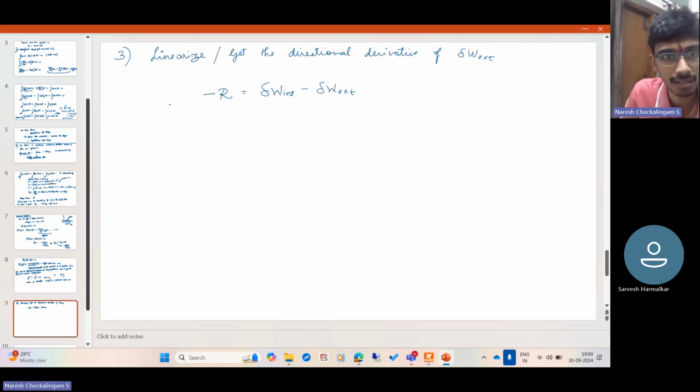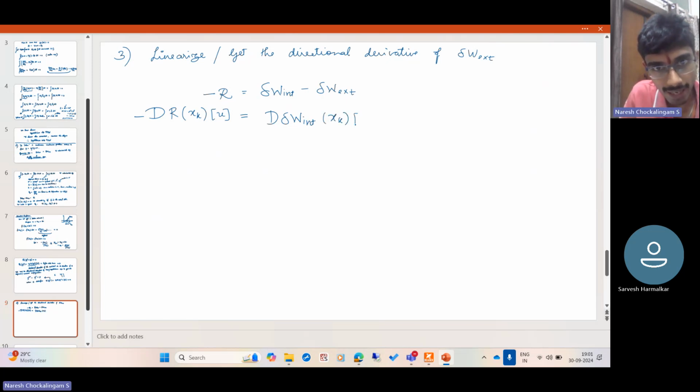So if I want the directional derivative of r at the point xk in the direction u, this is nothing but the directional derivative of the internal virtual work done at the point xk in the direction u minus the directional derivative of the external virtual work done at the point xk in the direction u.